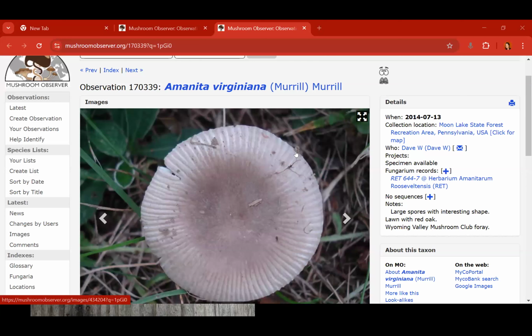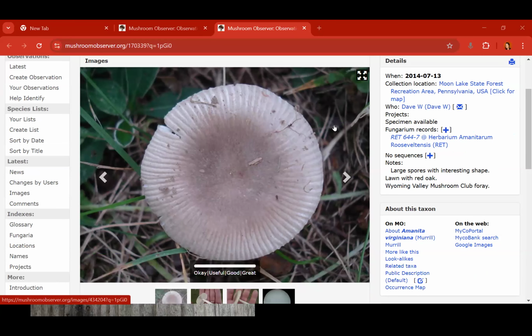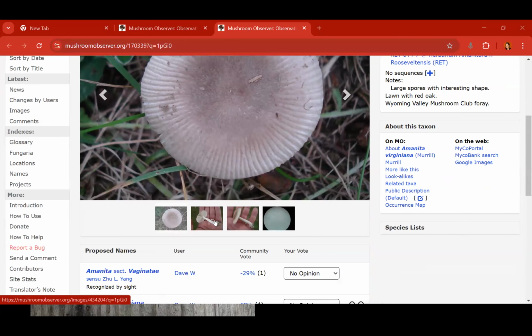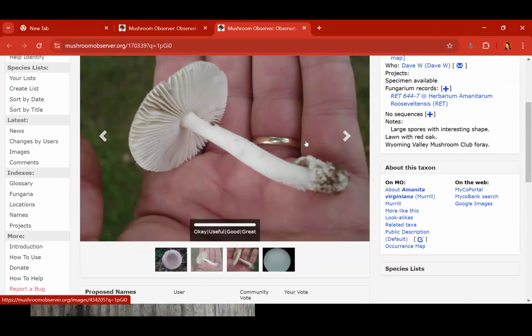Yes. Perfect. Okay, so this is Dave's observation of Amanita virginiana, and based on what I've shown you, we've got the drab colored cap, the strong striations. As we look at the stem, we don't see an annulus.